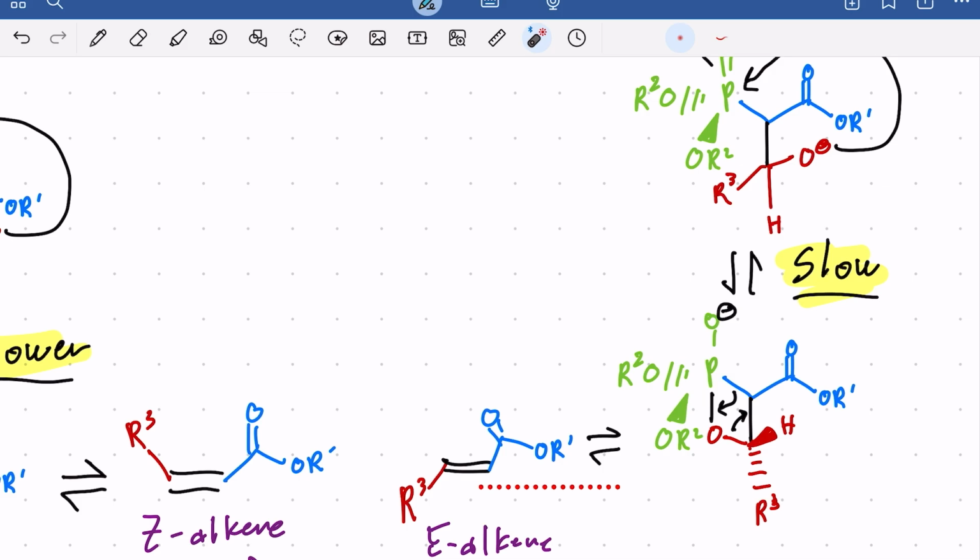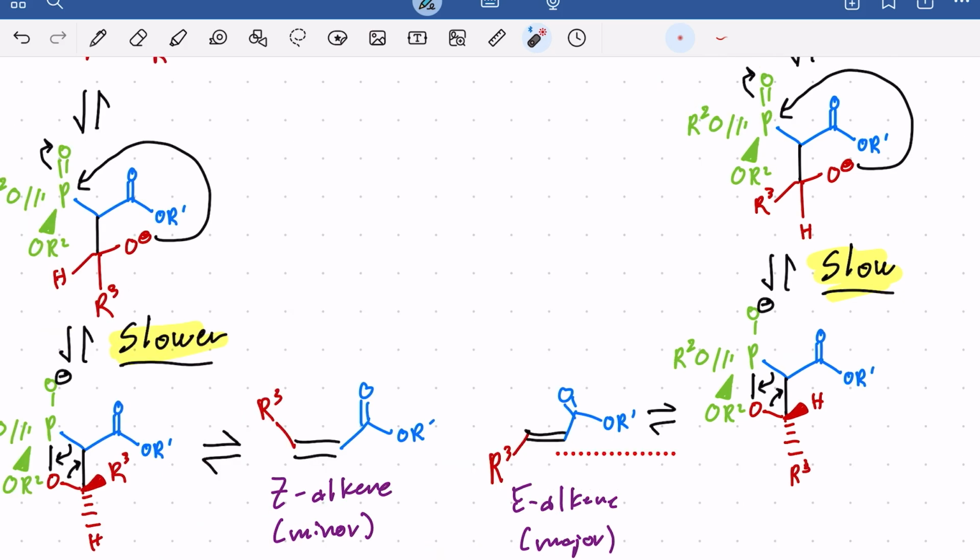Usually the R groups are rather long, and that gives it that E preferentiality due to thermodynamics. However, if you use small enough R groups, like the example given in the textbook was methyls, then it would actually prefer the Z, and there are also different modifications like the Still-Gennari modification that can make a preferential Z. So it makes this cyclic ring structure, rearrangement, and it makes the E alkene.